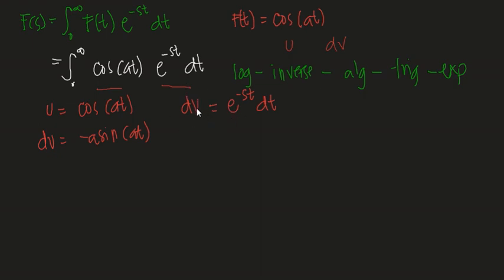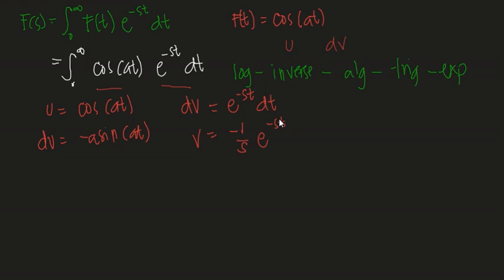To find v, we have to integrate this function. We will not do it in detail because we discussed this in the previous video, but the answer is that v will be equal to negative 1 over s times e raised to negative st. So this is our value of v.